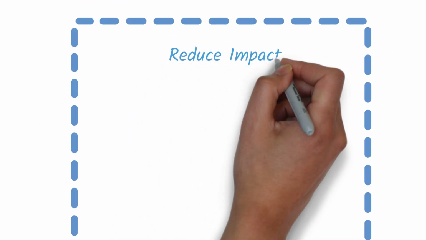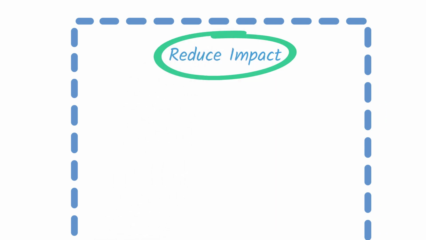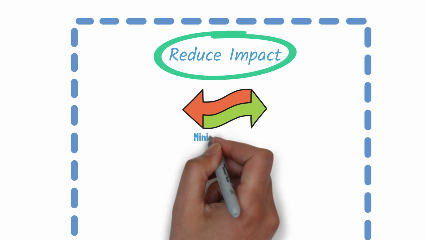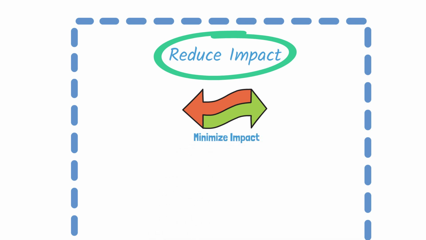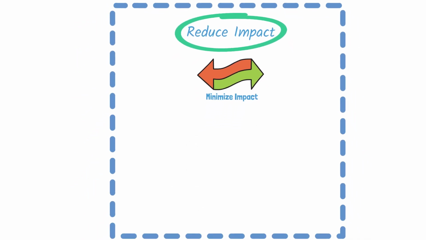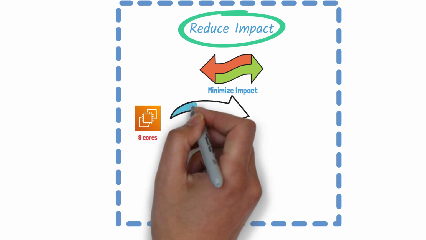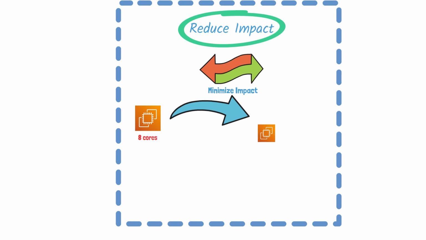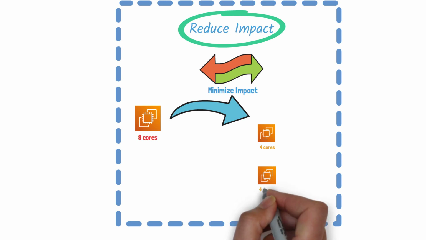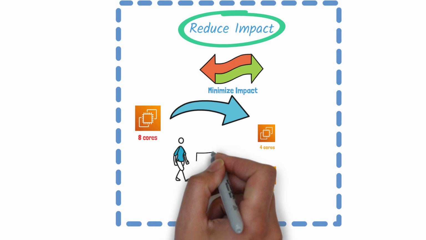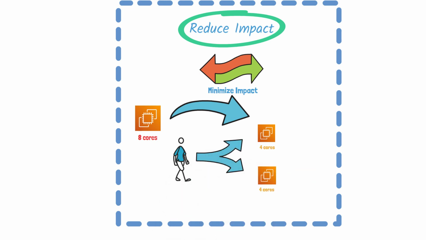Reduce impact. Once you understand the business requirements, you have to architect the solution to minimize the impact of failure. Suppose you are running a web server that requires 8 cores of CPU. Instead of using a single EC2 instance with 8 cores, use 2 EC2 instances with 4 cores each and divide the workload amongst them. This strategy can help avoid the single point of failure.